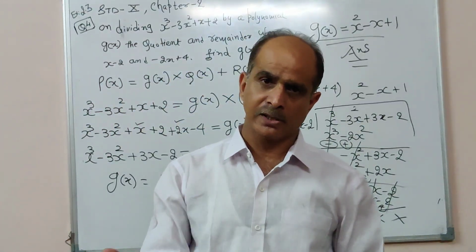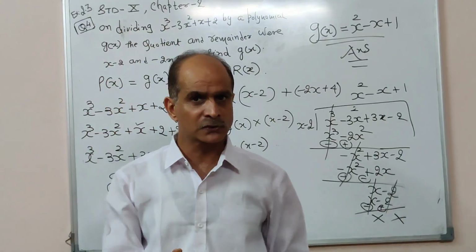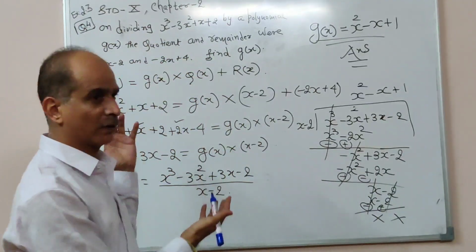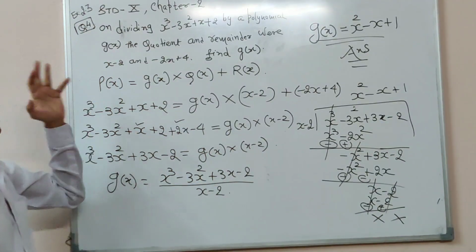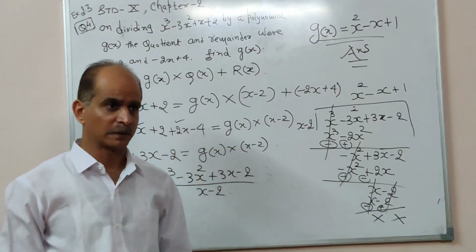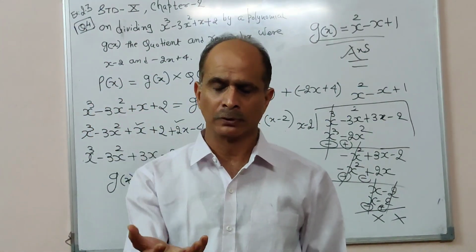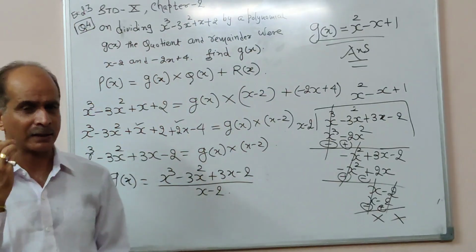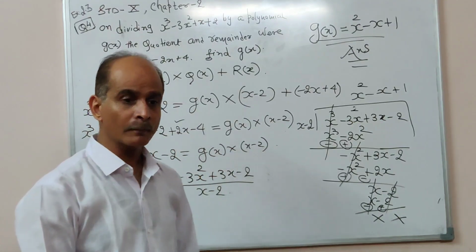After explaining these 11 concepts, we have solved exercises 2.1 and 2.2, and today we have completed the first 4 examples of exercise 2.3. The fifth example contains some MCQs. 3 or 4 MCQs are given to you in example number 5, so example number 5 is your homework.